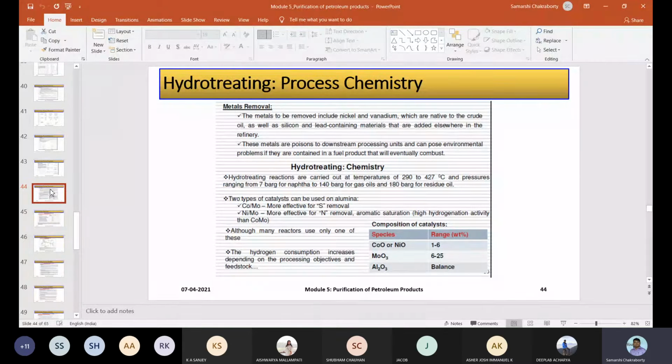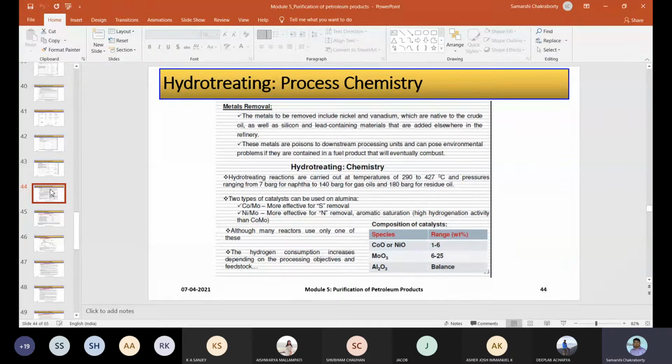If you are using naphtha as a feedstock, definitely the pressure requirement will be lower, but as you go towards a heavier petroleum fraction, that is your residual oil, your pressure requirement is going to vary, because your temperature and pressure will be dependent on whether you are using a lighter hydrocarbon or a heavier hydrocarbon. If you are using a heavier hydrocarbon, your temperature and pressure requirement is going to be on the higher side.